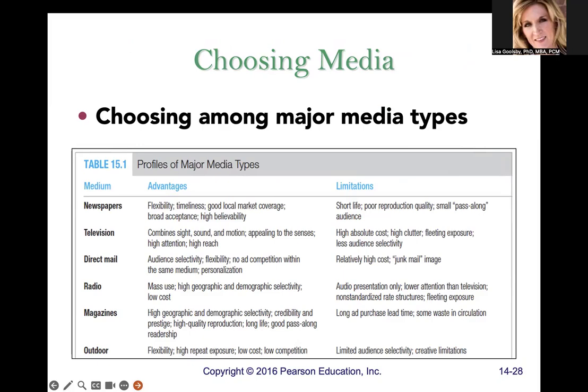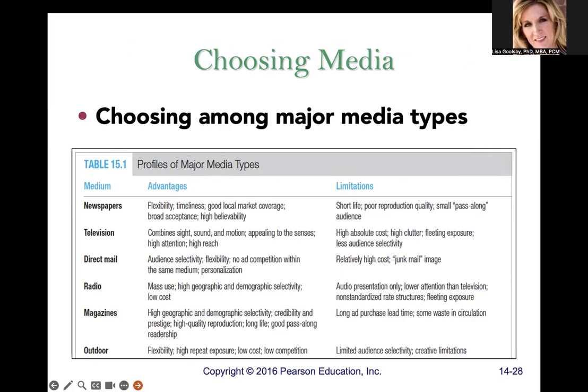So major media types, I already talked about old media versus new media. Old media, again, is going to be television, print, and radio. New media is going to be social, website, and mobile. But we can also look at some other types of media, such as print with our magazines or our direct mail.